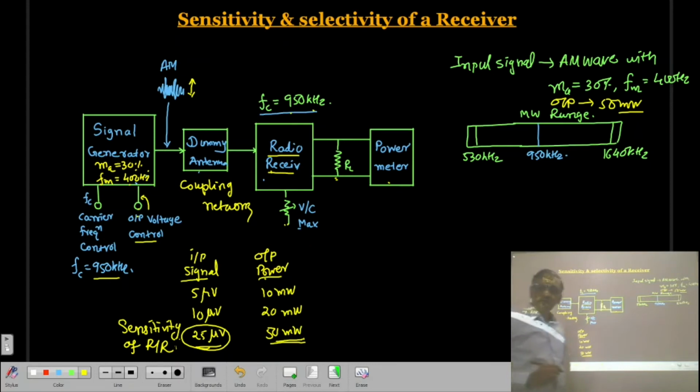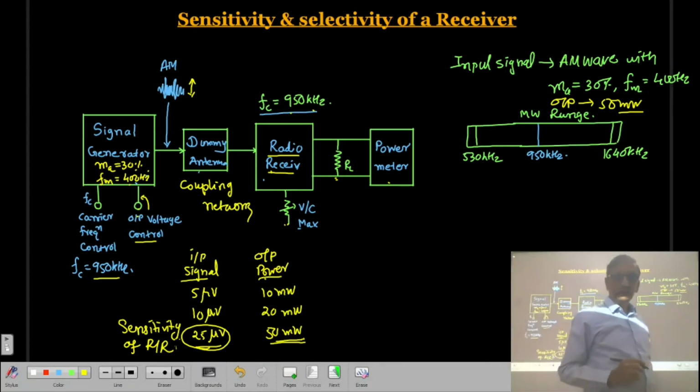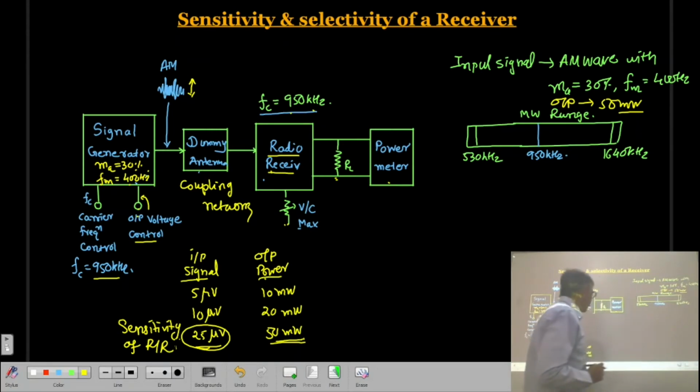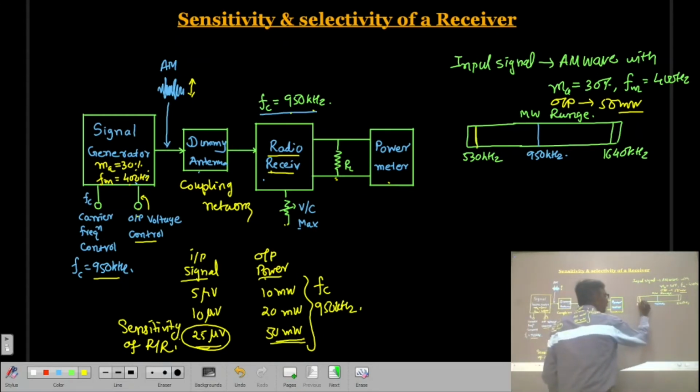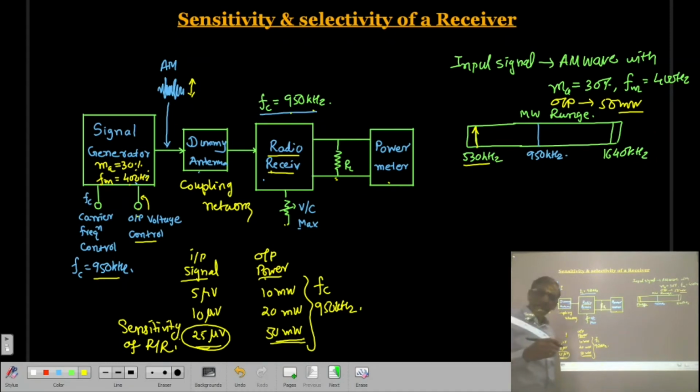So, in this way, you can measure the sensitivity for different frequencies also. Here we have measured the sensitivity at what frequency? The carrier frequency is 950 kilohertz. Now you can tune your radio to 530 kilohertz and again measure the sensitivity.